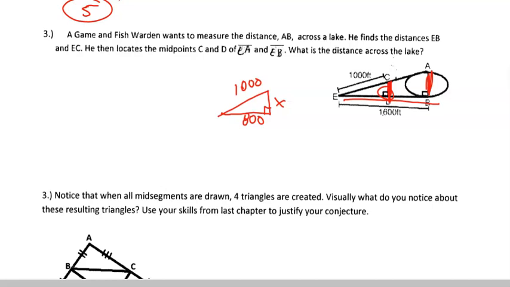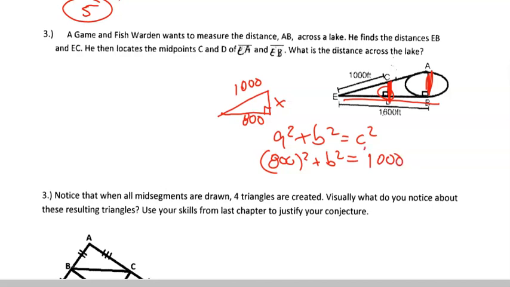Does anybody know how to find the third side of a right triangle if you know the other two sides? Well, you ask Pythagoras, and Pythagoras tells you it is a squared plus b squared equals c squared. So 800 squared plus b squared equals c, which is the longest side, the hypotenuse, 1,000 squared.